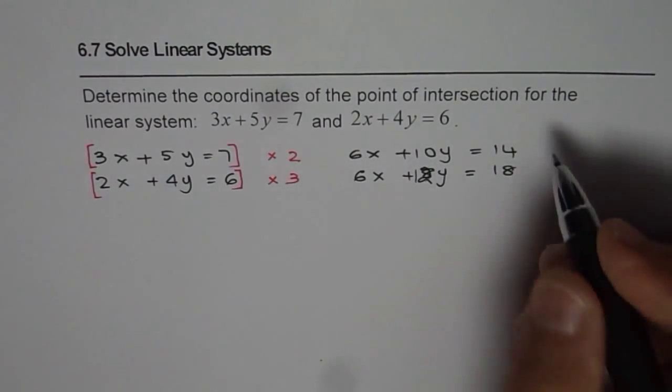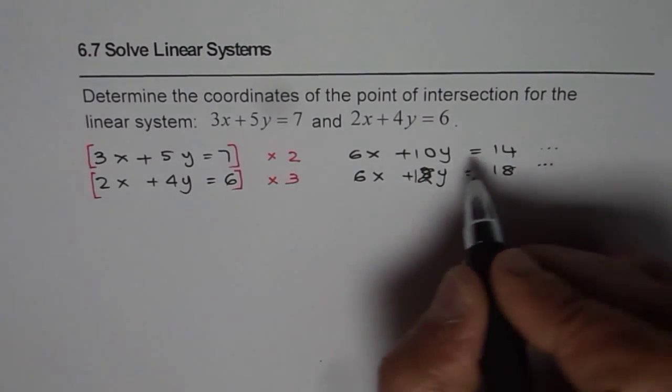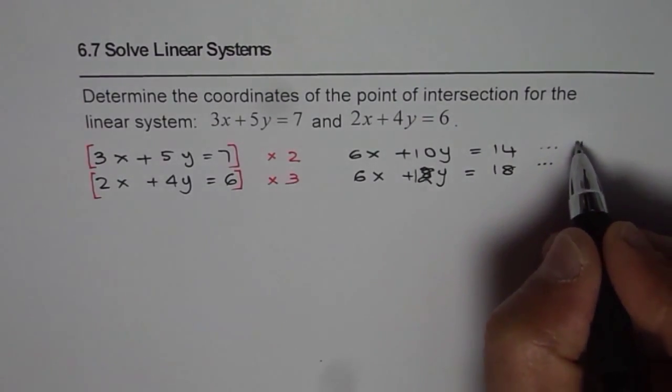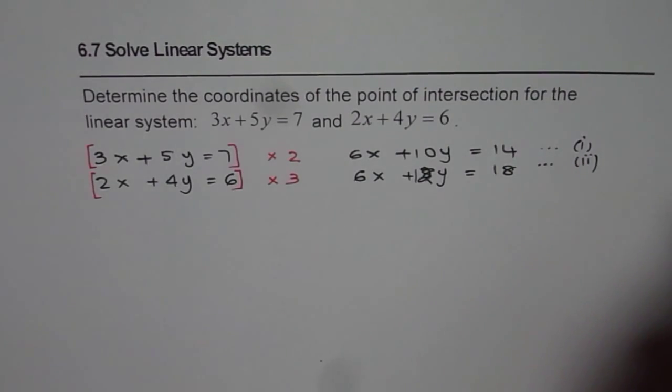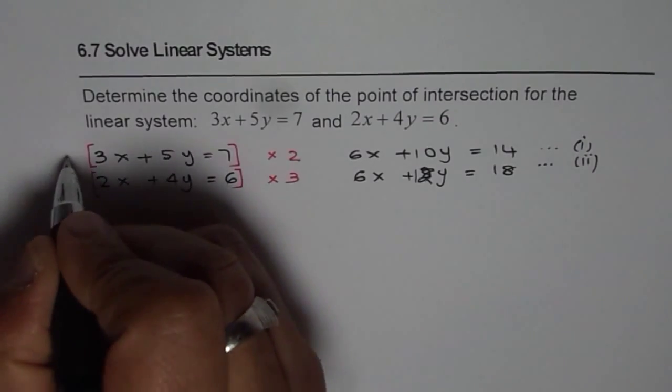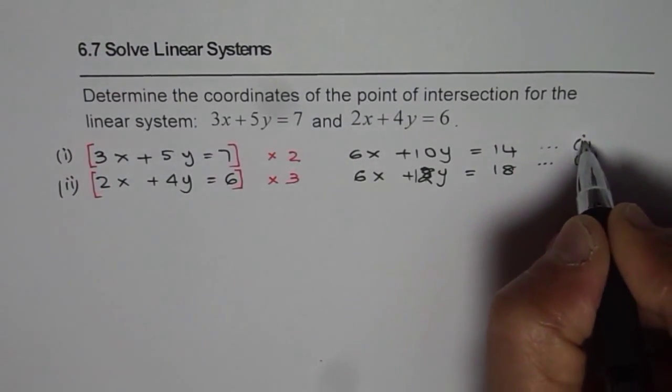So we get these equations. These are our equivalent equations. We can number them as equations 1 and 2 for the time being. In fact, let's say this is 1 and 2, and these equations are 3 and 4.